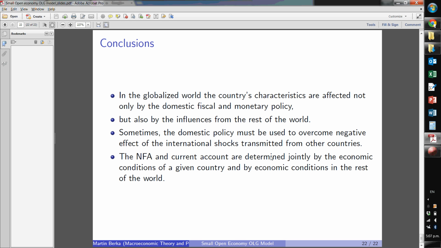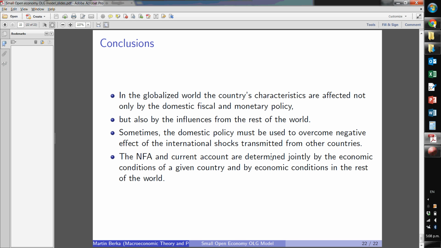So if there is a monetary policy action in the US, this will have an effect on the world interest rate, which is faced by all the small open economies, and consequently will influence these economies' current account, as well as capital stock and wages, as well as consumption and savings.